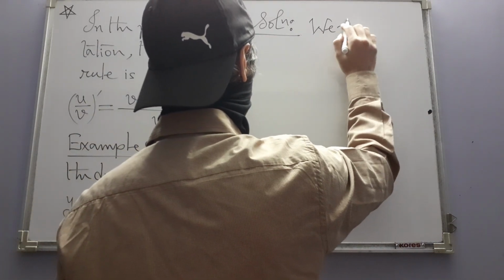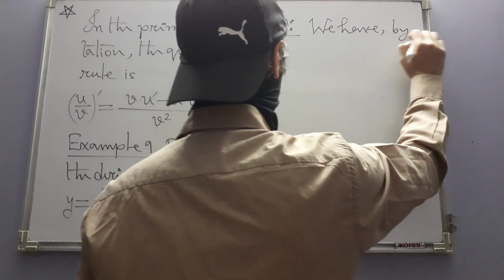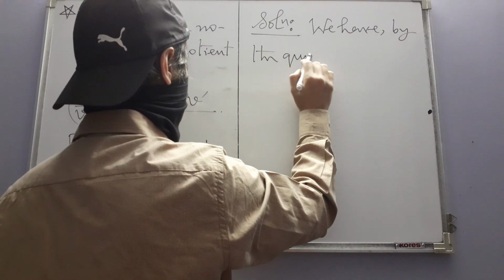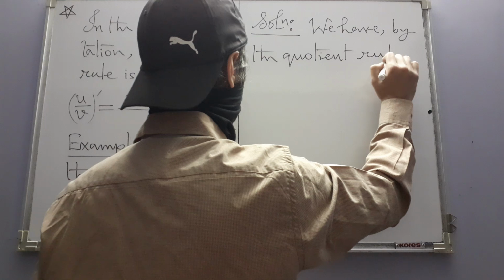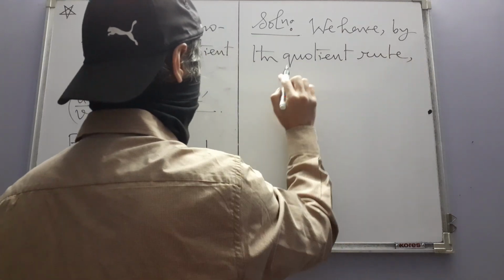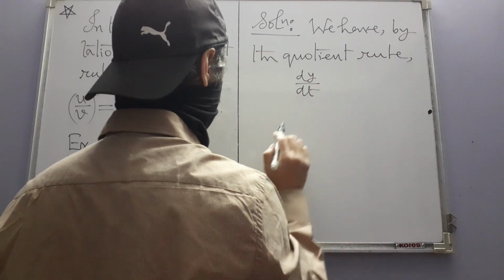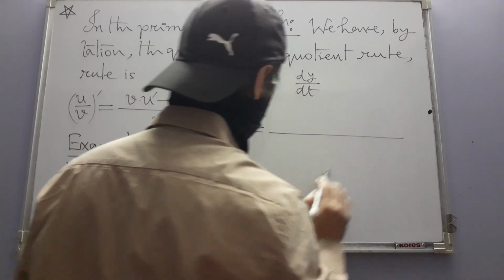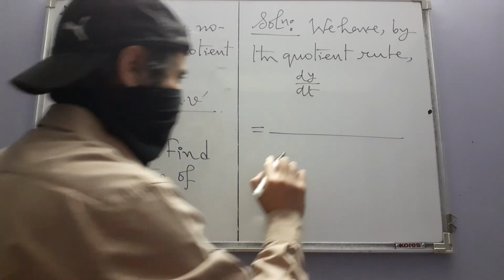We have by the quotient rule this dy dt, don't write x this time. So what should you do first? You write the square of the denominator in the denominator.